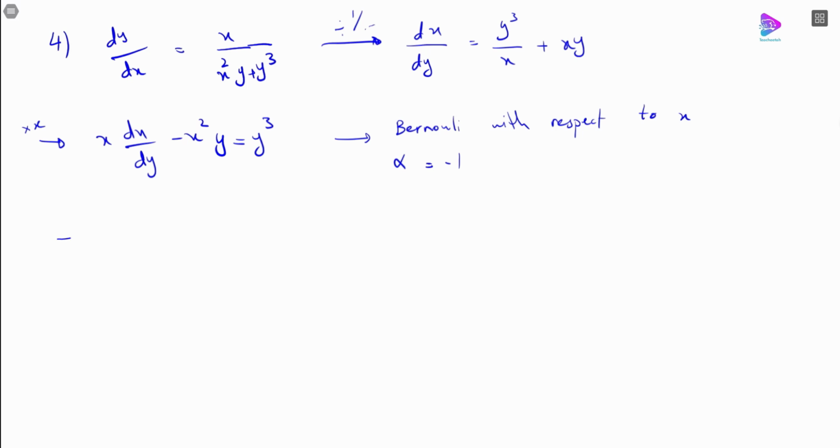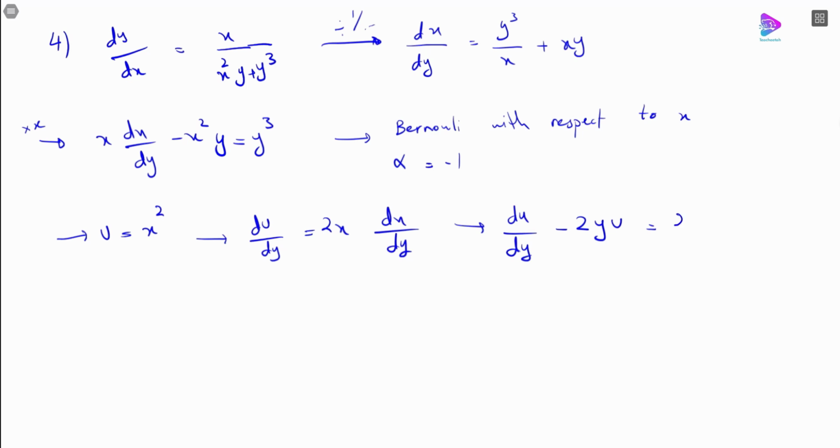So now I can say u is x², therefore du/dy is equal to 2x dx/dy, correct? And then from here I can write down du/dy - 2y u = 2y³, and here now it's linear with respect to y.